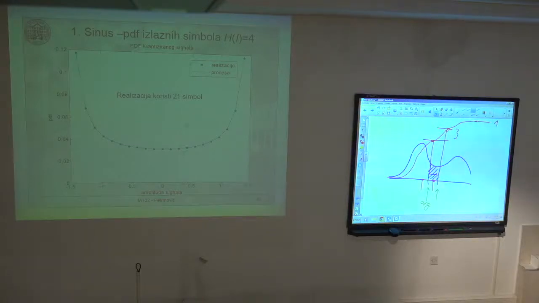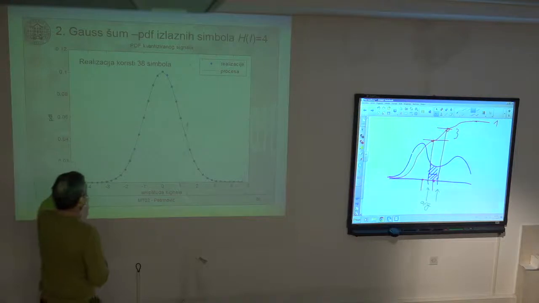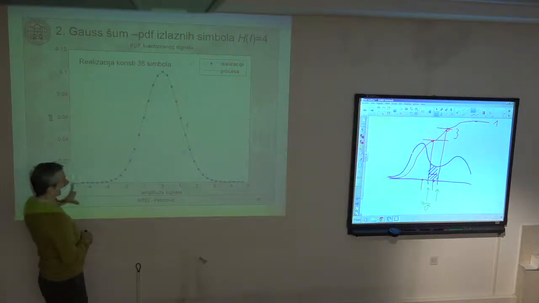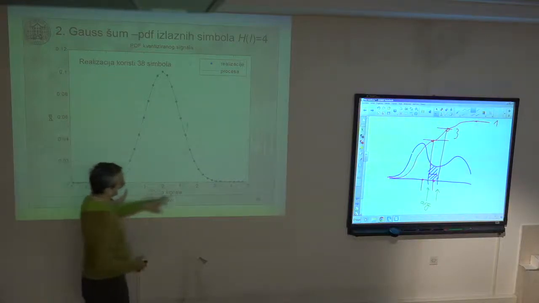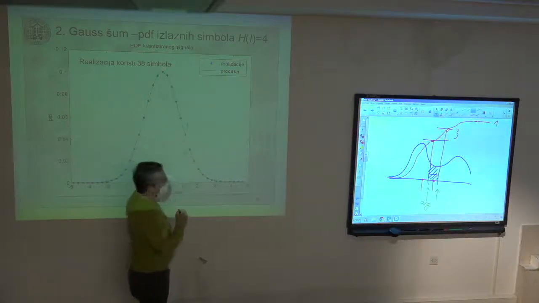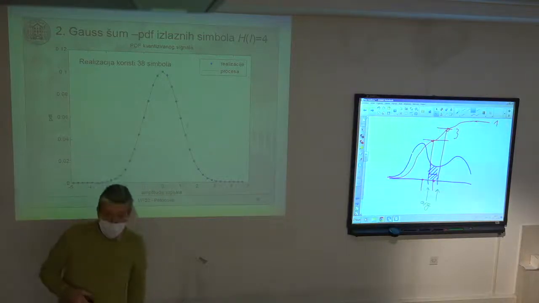With normal distribution, for the same output entropy of 4 bits per symbol, I have 38 symbols. Why? Because now I have really significantly larger differences in probability for some very large symbol values, almost minus 5 or plus 5, and very high probability of observing 0 value.